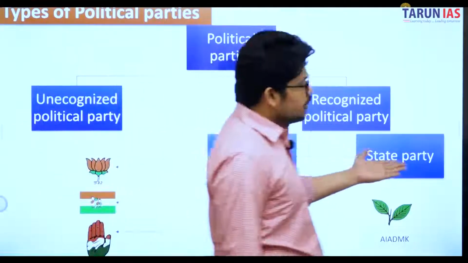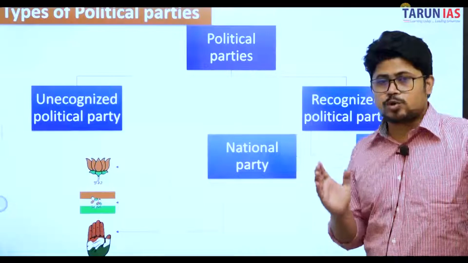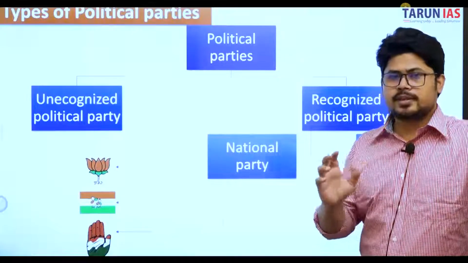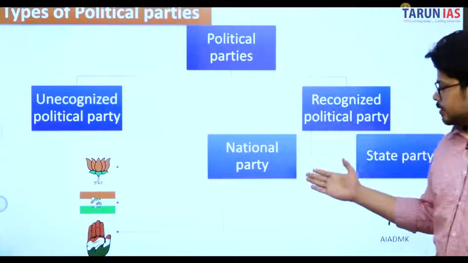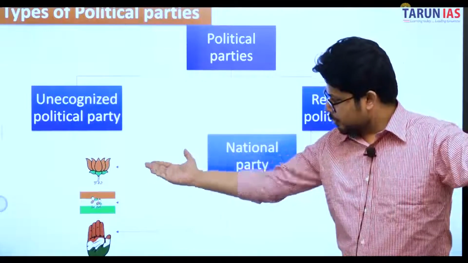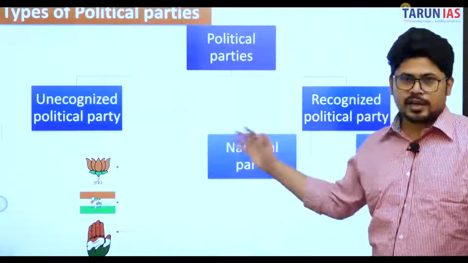Now the classification of state party and national party will also be based upon its electoral performance, the performance in elections. You can see the three major parties like BJP, TMC and Indian National Congress. These are national parties.